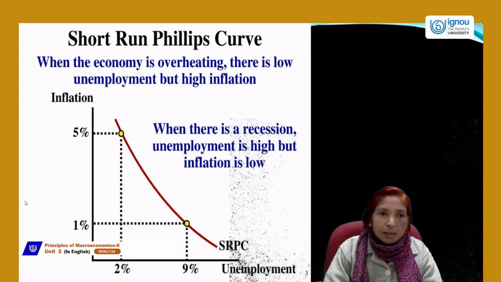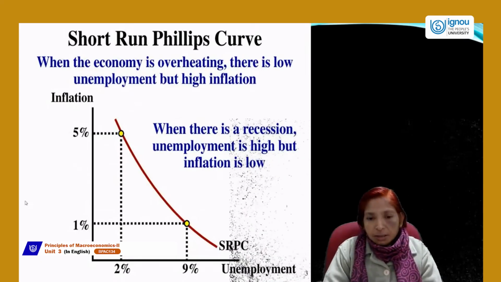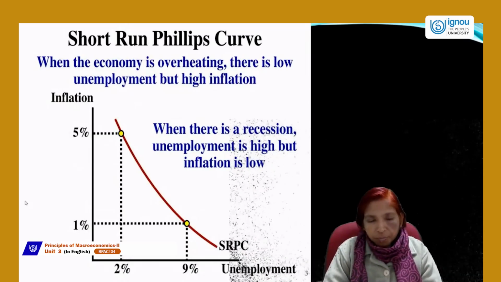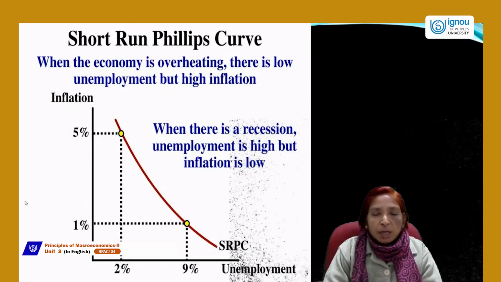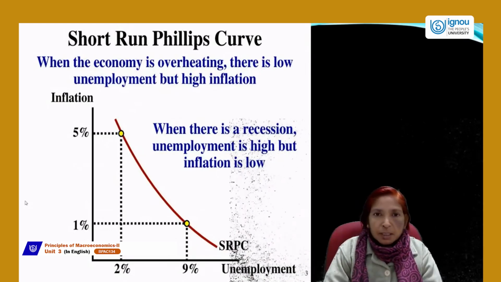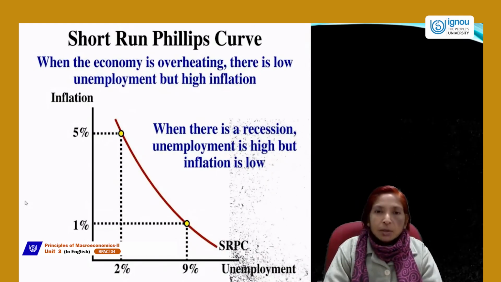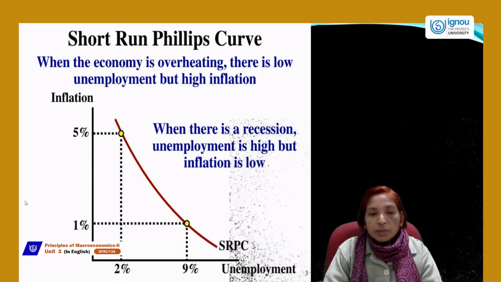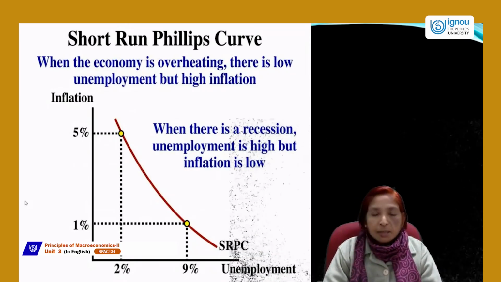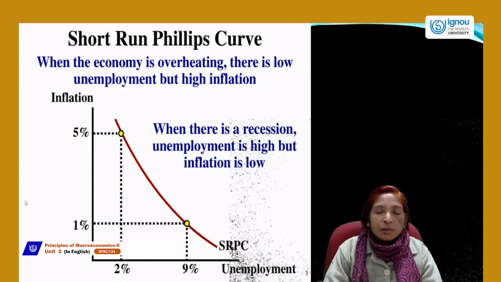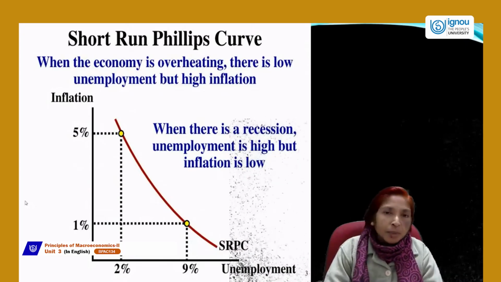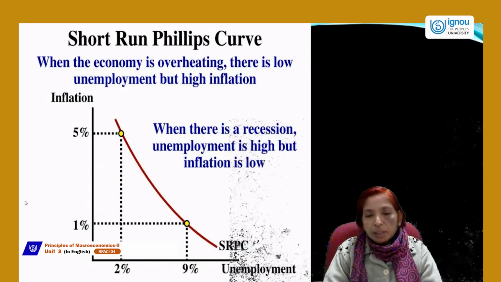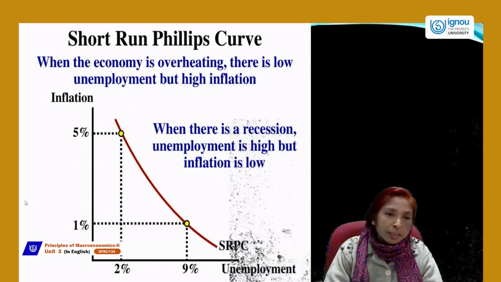On the y-axis, we have taken inflation, and on the x-axis, unemployment. At a 1% inflation rate, when inflation is lower, the unemployment rate is higher, which is 9%, and as inflation increases from 1% to 5%, the unemployment rate falls from 9% to 2%.